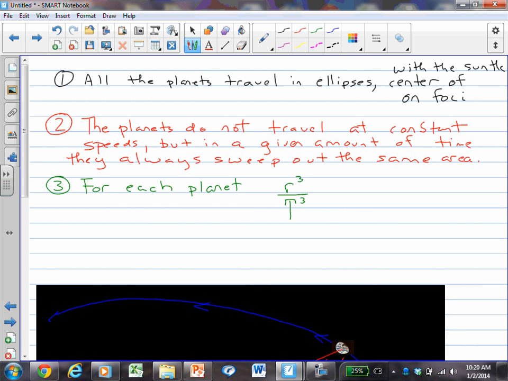Oops, that's not cubed, sorry. That's squared. Squared was equal to a constant.